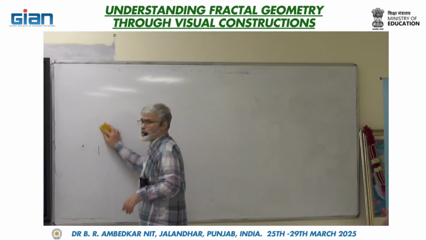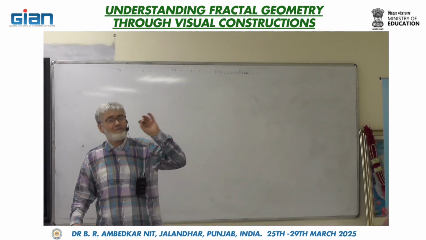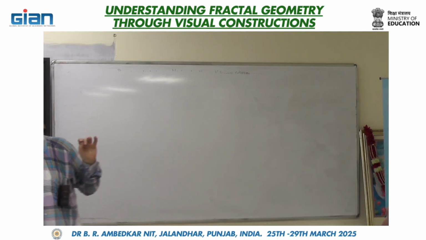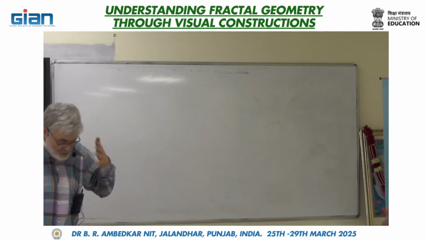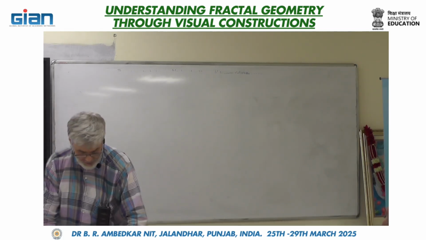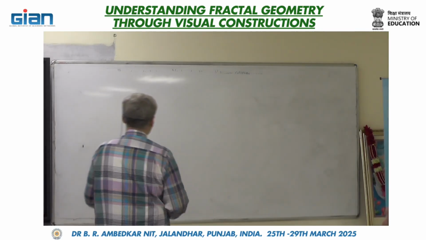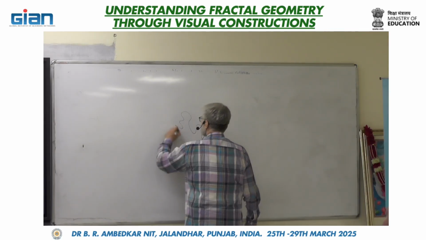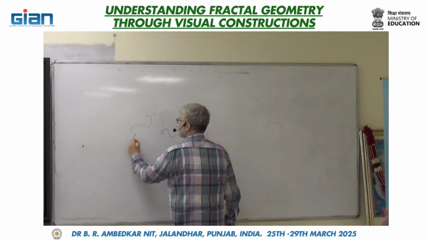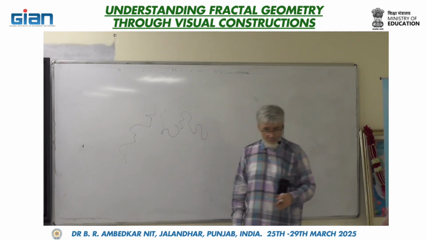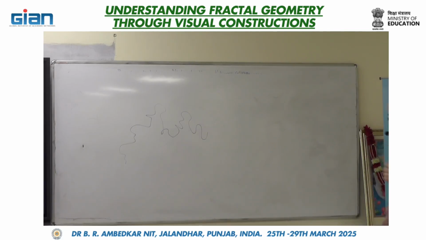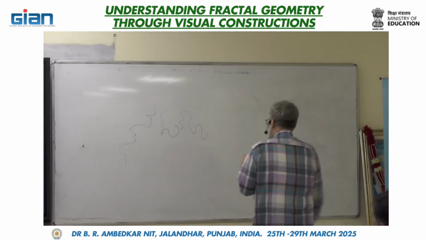Because box dimension is just a very, very simplified version of Hausdorff dimension. So first we had the Hausdorff dimension, and then consider a very complicated curve. Consider a curve. How to measure its length? It's very simple.